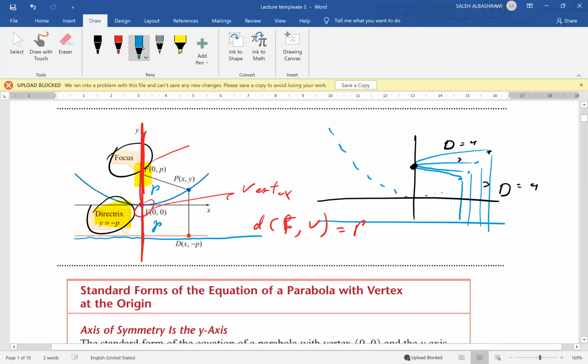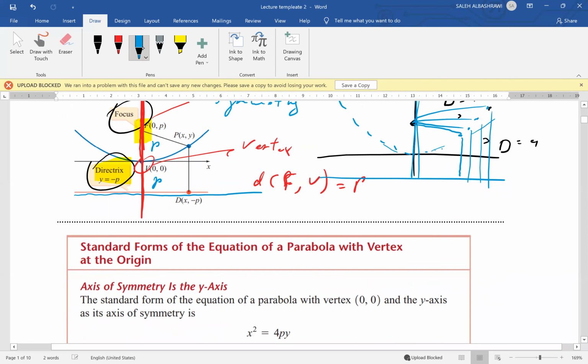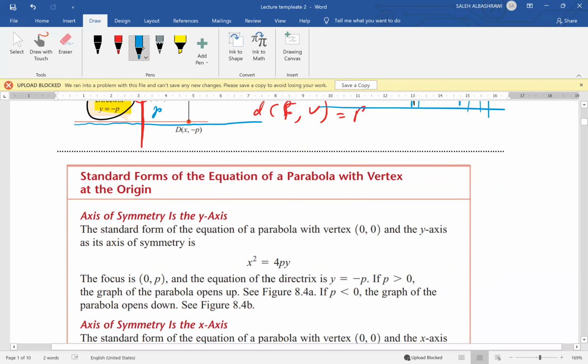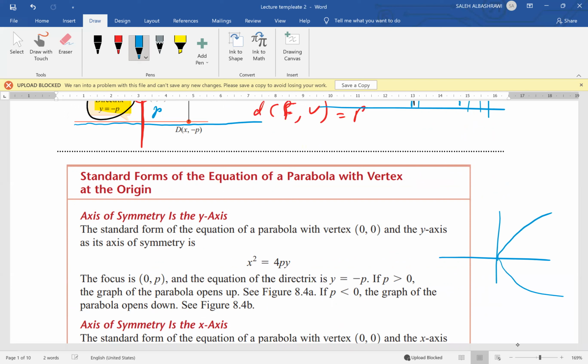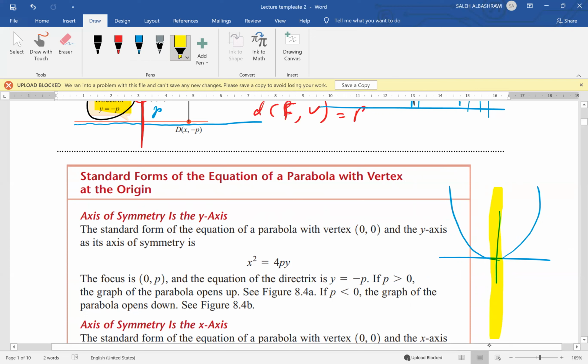Now, if the axis of symmetry is the y-axis, the parabola will be either open up or open down.